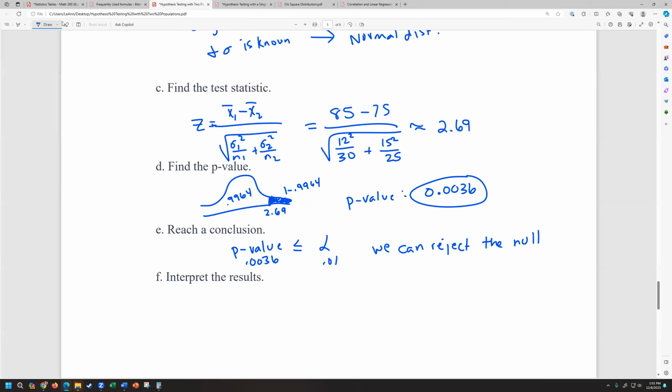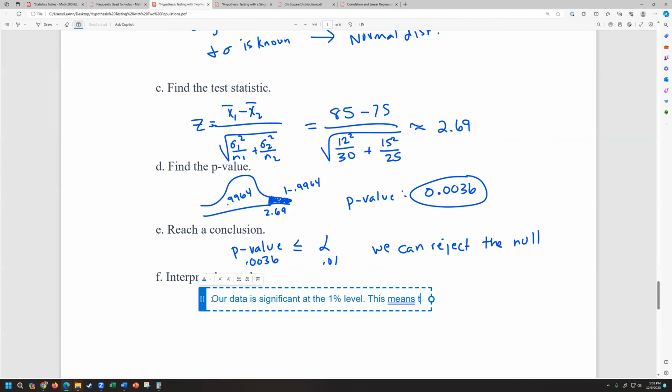So, interpretive statement. Our data is significant at the 1% level, or the 0.01, if you want to write that.